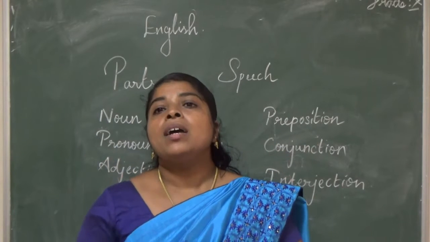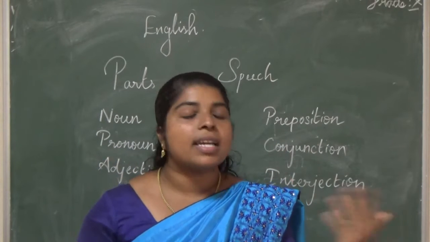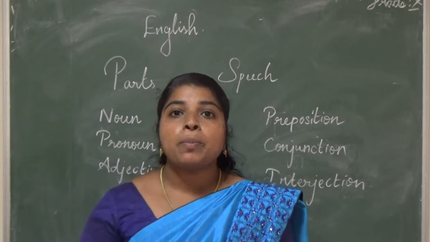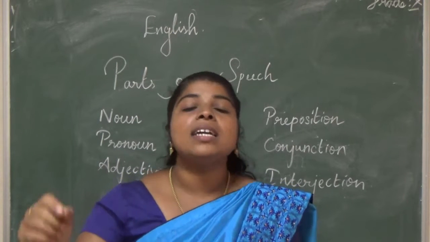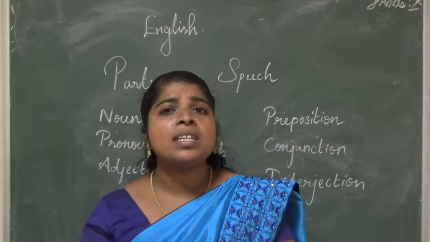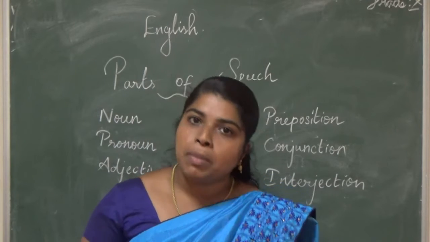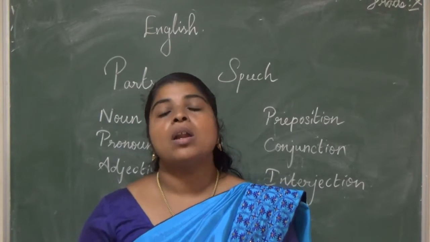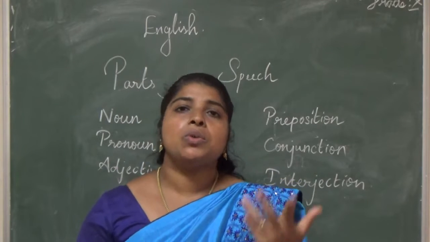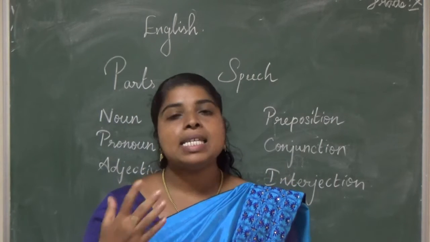You are in the lockdown time, so you can take a book or a newspaper, take your pencil and read it, and find out what type of part of speech each word is. It may be a noun, a pronoun, a verb, an adjective, or an adverb. So you can easily find it out.